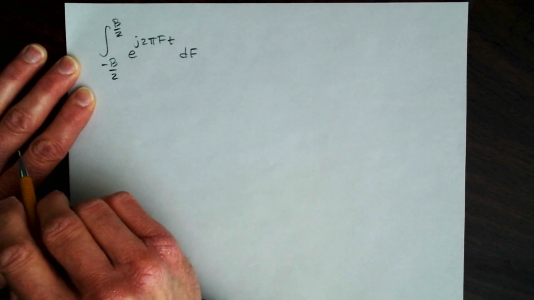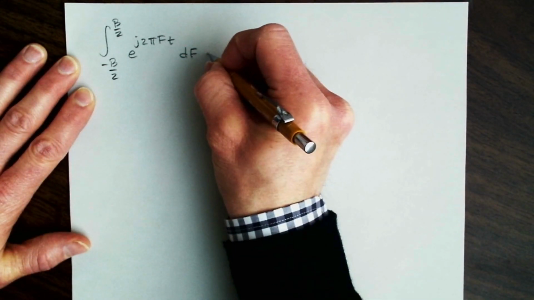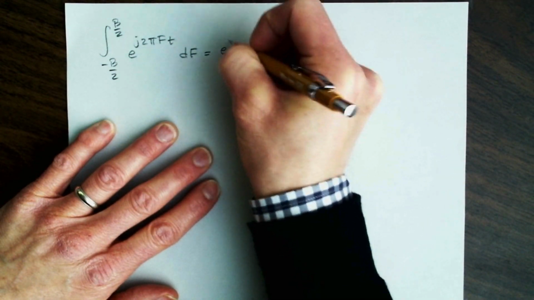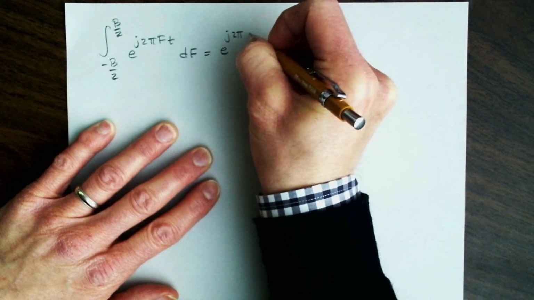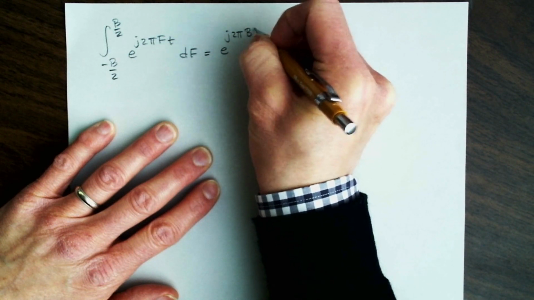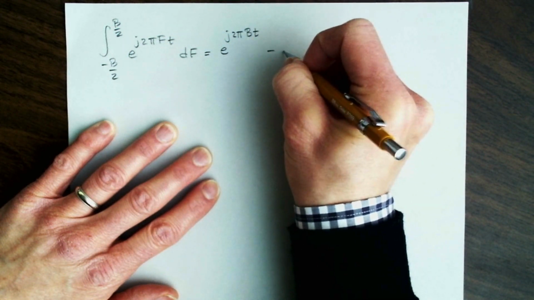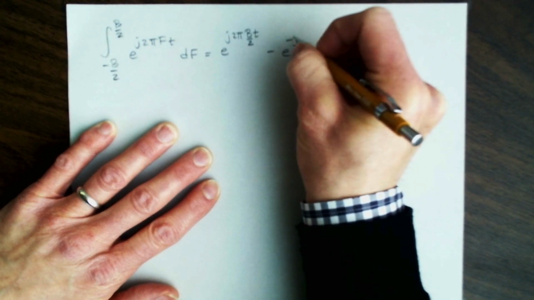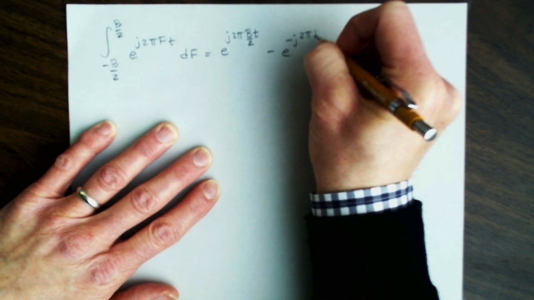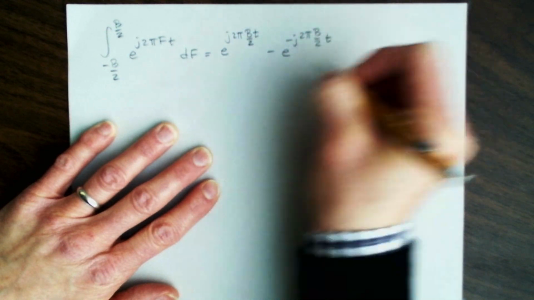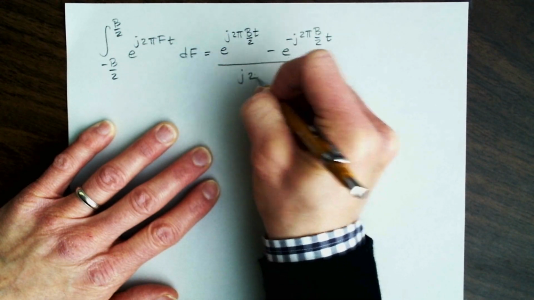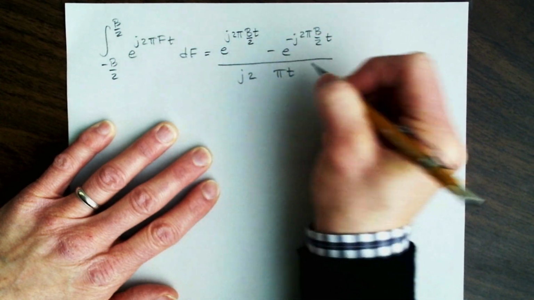The total width of the interval is equal to b, and if we use the formula from the previous page, we would have e to the j 2 pi b over 2 t minus e to the minus j 2 pi b over 2 t, all of that divided by j 2 pi t.